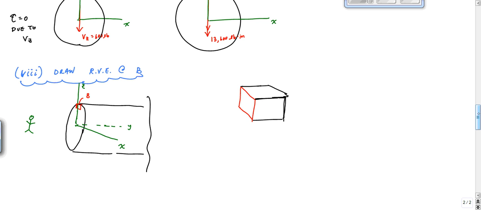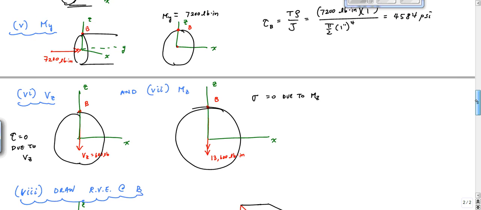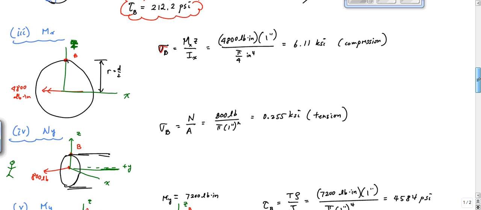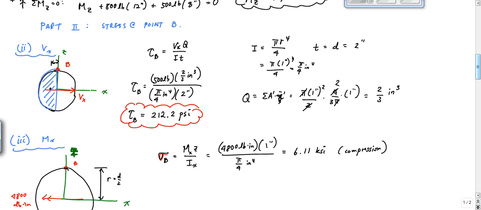So now let's look at the normal stresses, okay? Let's start with Vx. Vx is a shear force going to the right here, and causes a shear stress of 212 psi. Yeah?